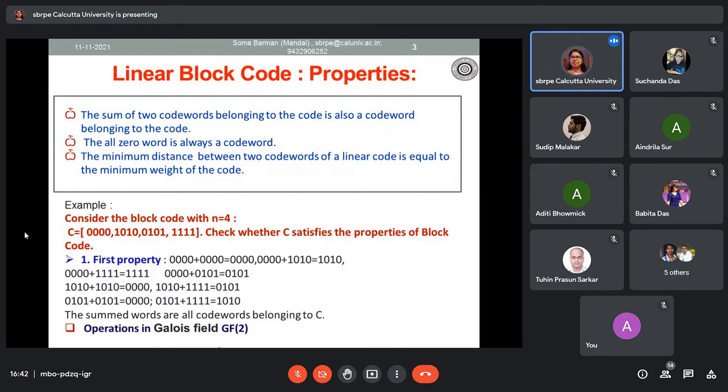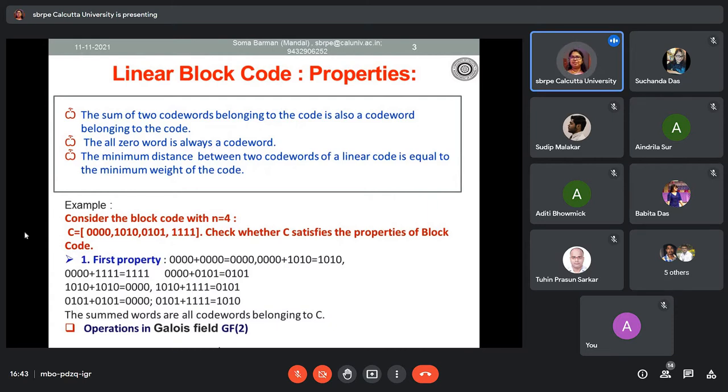So if a code you are designing satisfies these 3 properties, then you can say this is a linear block code. And here the addition, that means the summation of 2 code words, all the operations should be Galois field operations. This is linear algebra. So it is not like 1 plus 1 equal to 2.